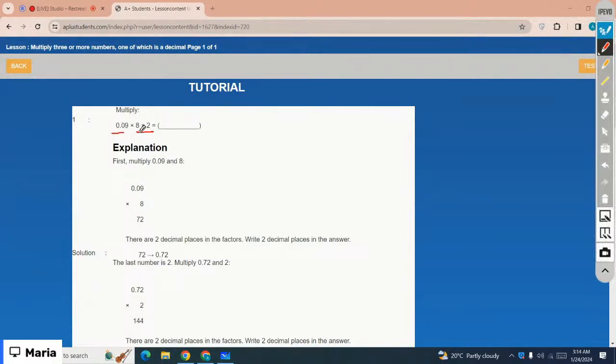Just do 0.09 times 8. So just multiply 9 times 8 without the decimal. 9 times 8 is 72, right? You have two decimal places, so you need to move the decimal two places left. So it would be 0.72.